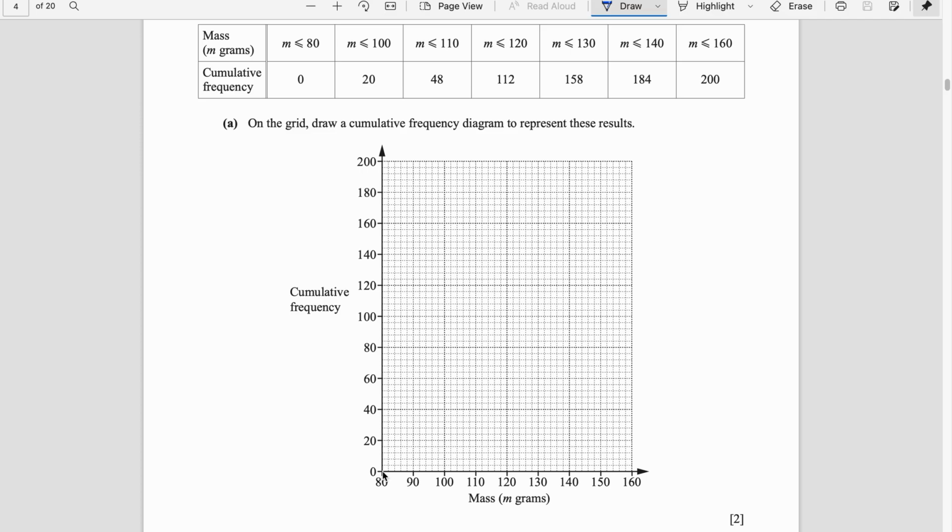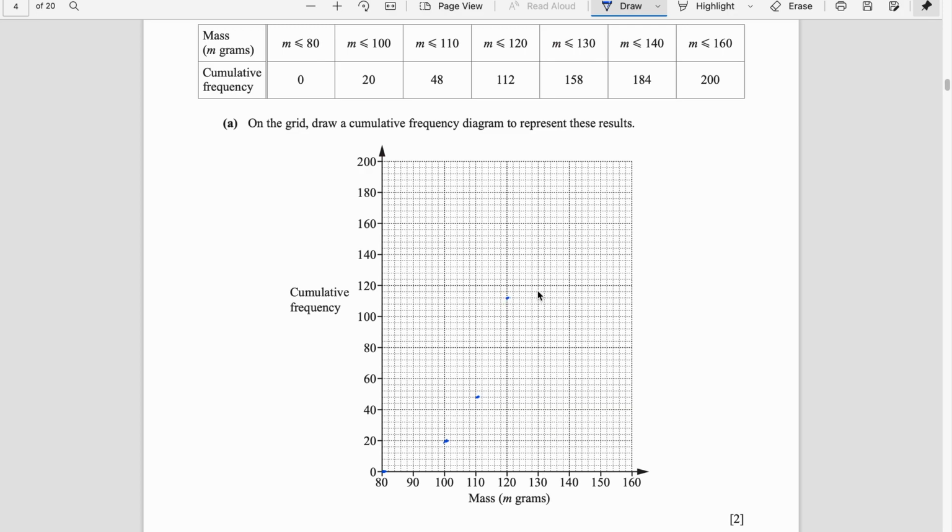At 80 we have 0, at 100 this is 20, at 110 we have 48. 20 divided by 5 is 4, one of the boxes is 4 units. So 4 and 4, 48. At 120 we have 112.